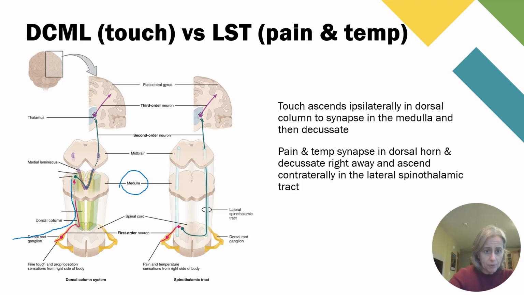And then you synapse with your second order neuron, you decussate, cross to the other side, and then you ascend and go up to the thalamus and your third order neuron. For the spinothalamic tract, you come in and you synapse right away in that dorsal horn, decussate right away, and then ascend through the lateral spinothalamic tract all the way up to the thalamus. And then from the thalamus, you're going to send signals out to the somatosensory cortex.